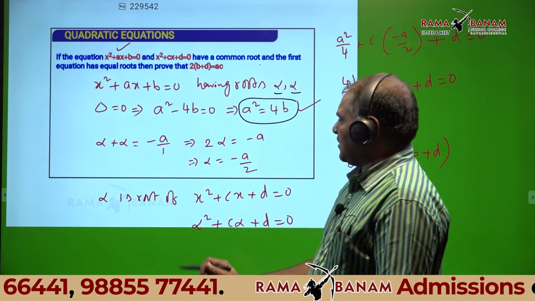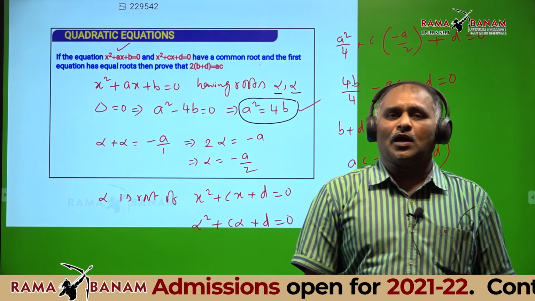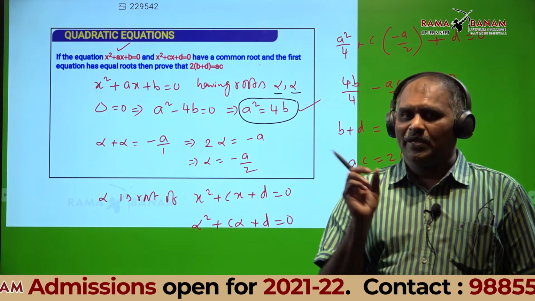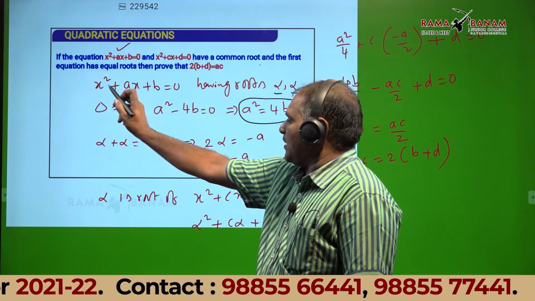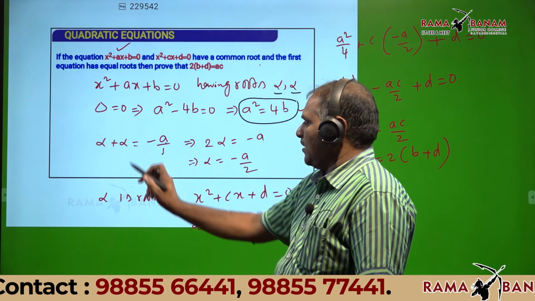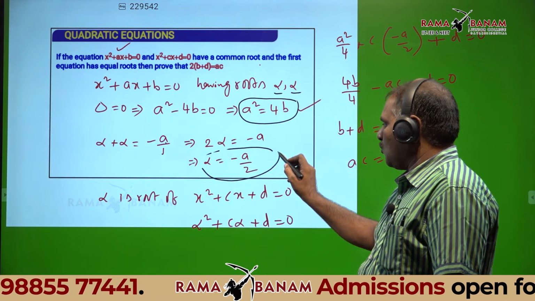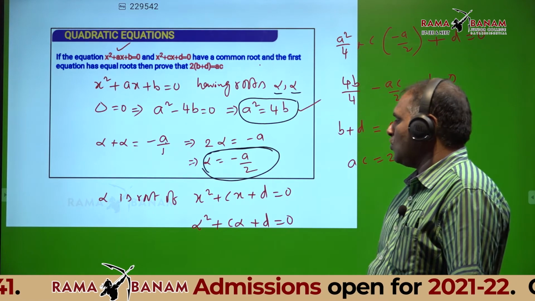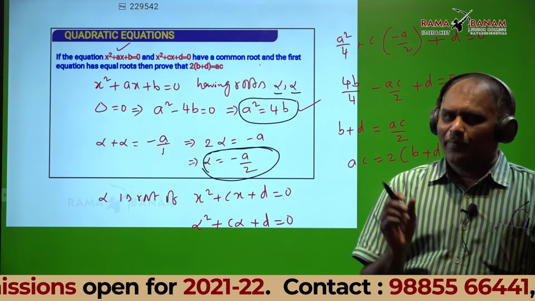After that, what is the sum of the roots formula? Minus b by a, but here b is replaced by a and a by 1. Using that, the alpha value is minus a by 2.